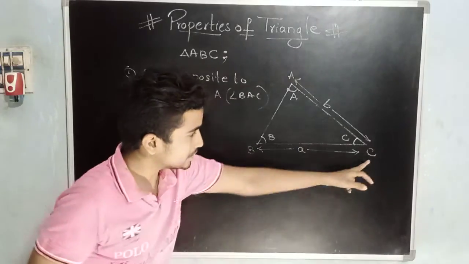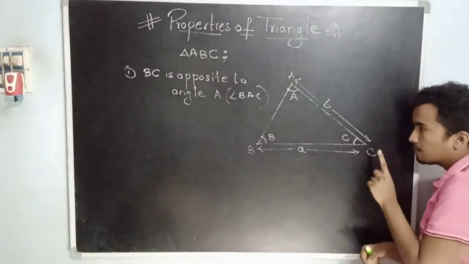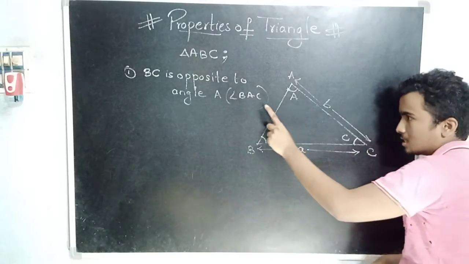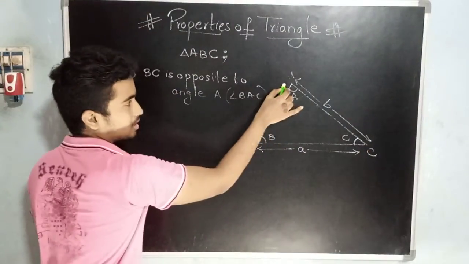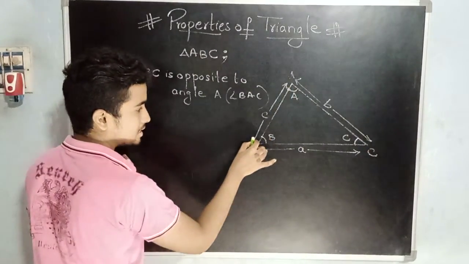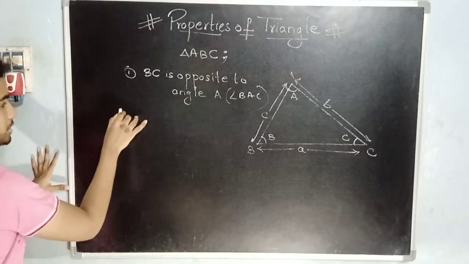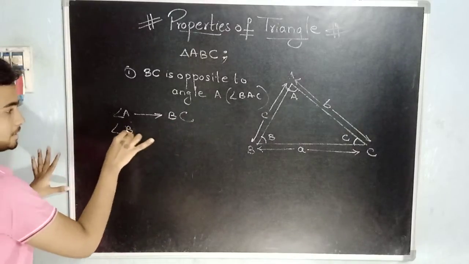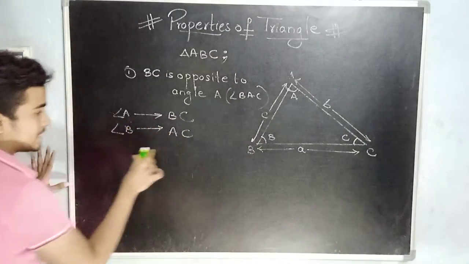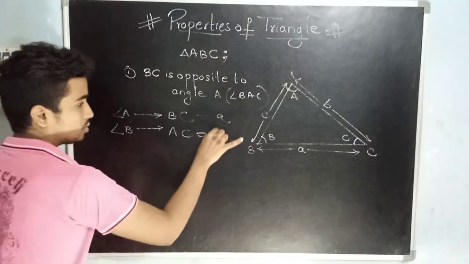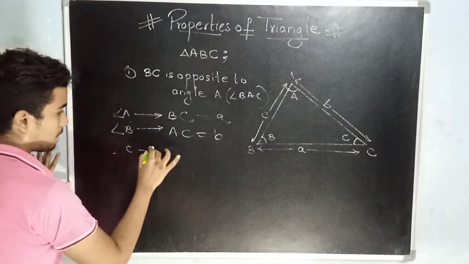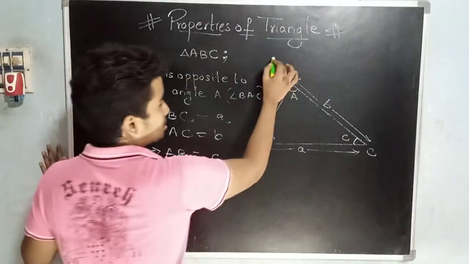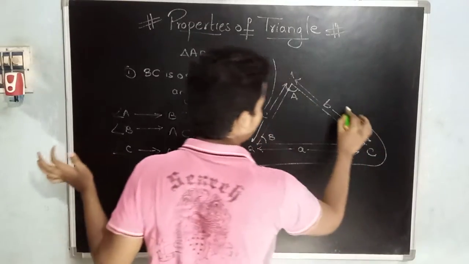When we look through vertex C, the opposite side we see is AB, so let me call its length small c. For angle A the opposite side is BC, whose length is a; for angle B, AC, whose length is b; for angle C, AB, whose length is c.